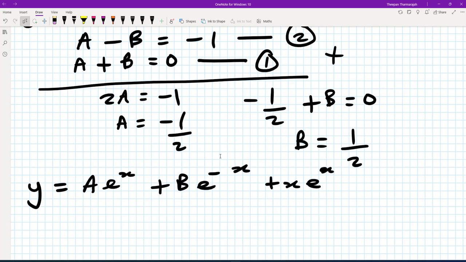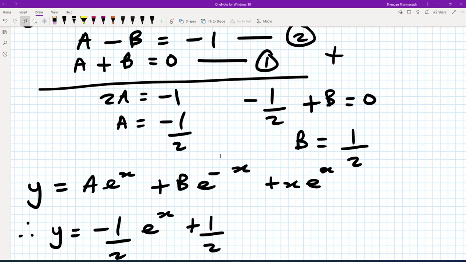So the required general solution therefore is y is minus a half e to the x plus a half e to the minus x plus x e to the x.